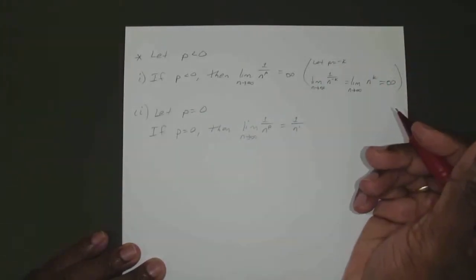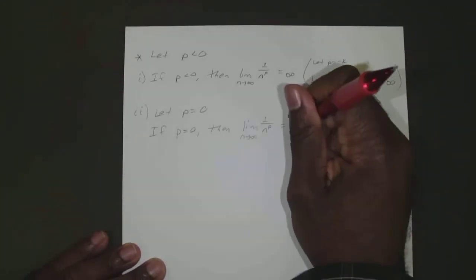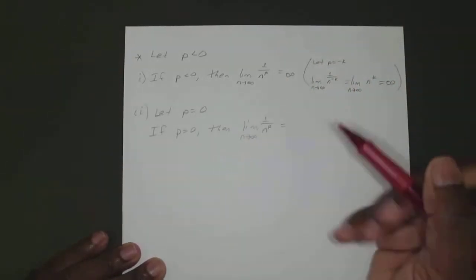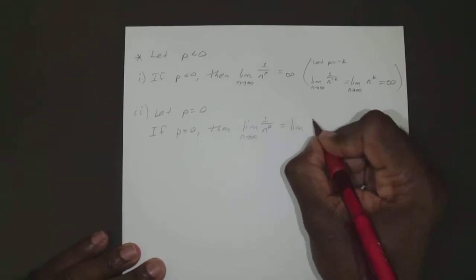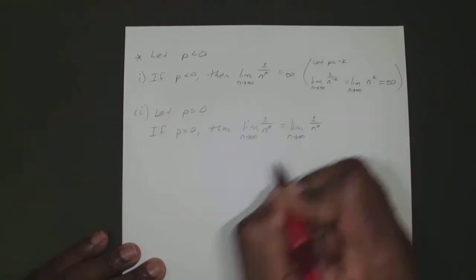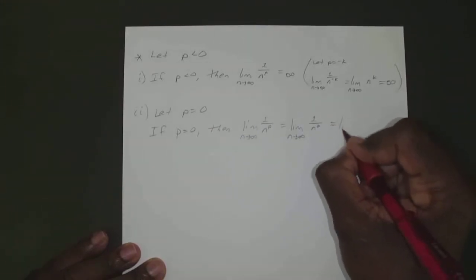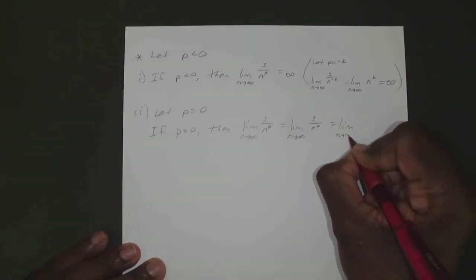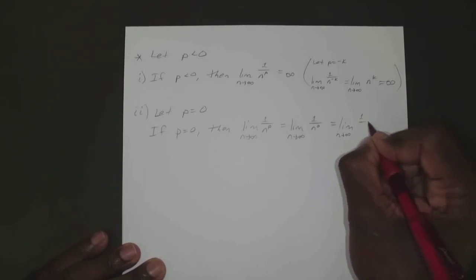Might as well put the limit there. No point in skipping over it. Limit of 1 over n to the 0 as n approaches infinity, which is just the limit as n approaches infinity of 1 over 1, which is 1.